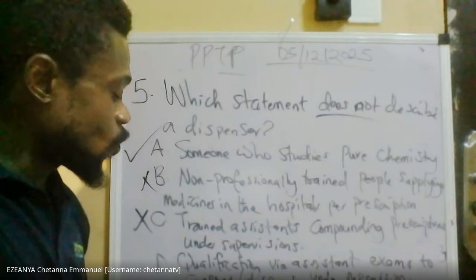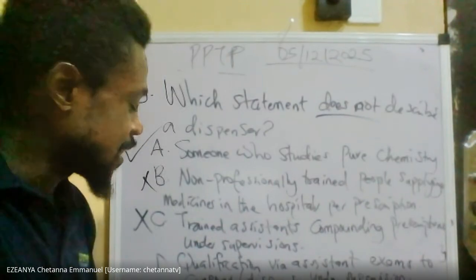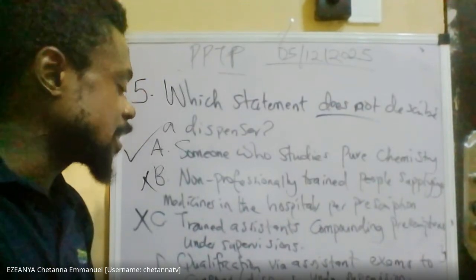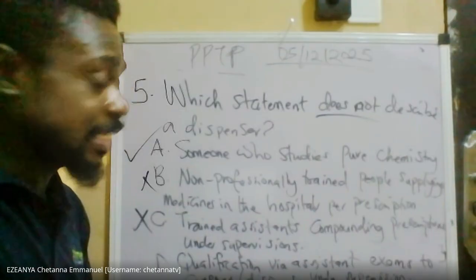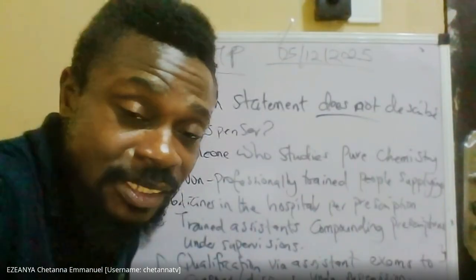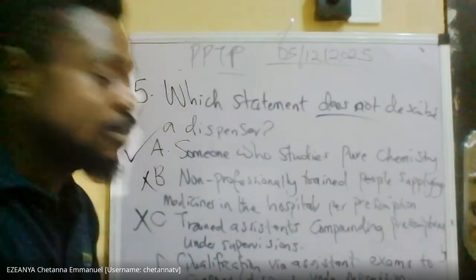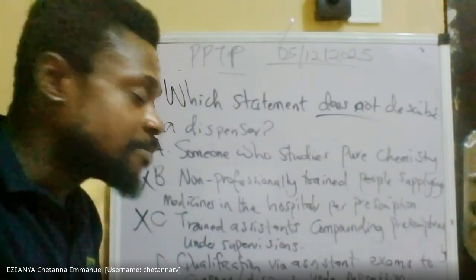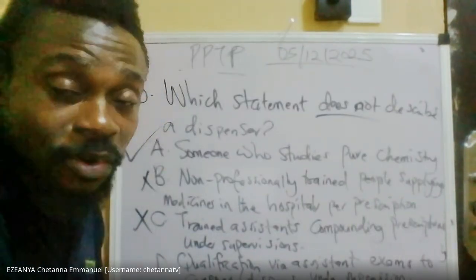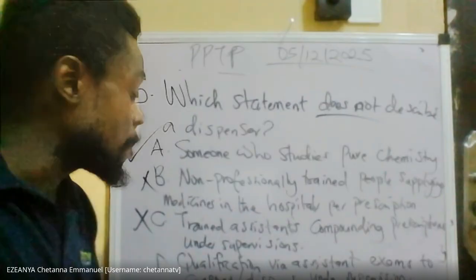This is qualification via assistant exams to compound and dispense under supervision. Yes, that's why you go for a qualifying exam, because you have to get qualified. Having been tested by the board, you get qualified, then you take your annual permits.